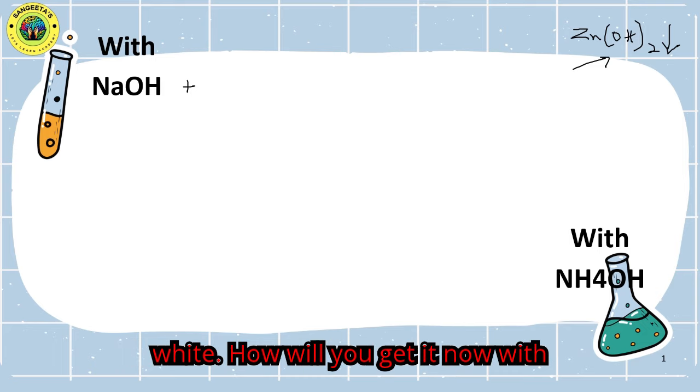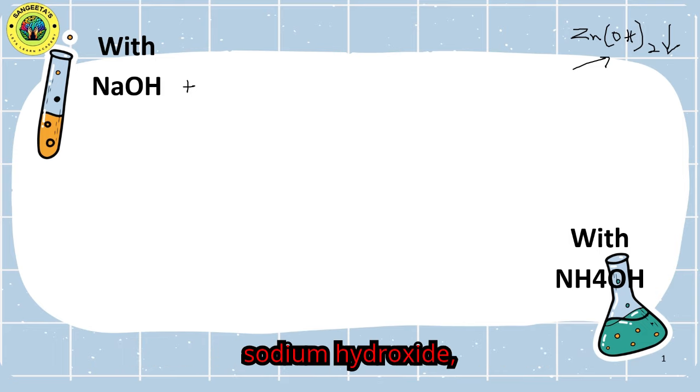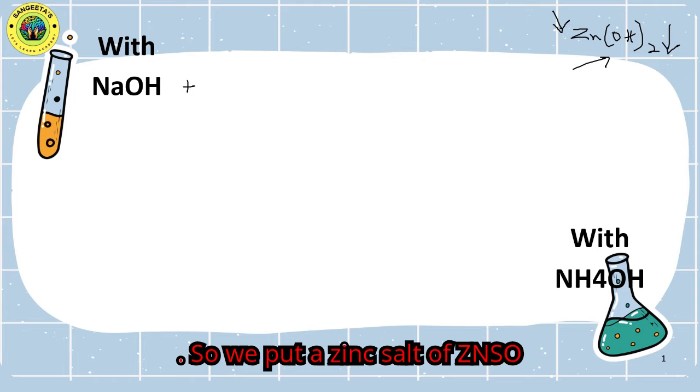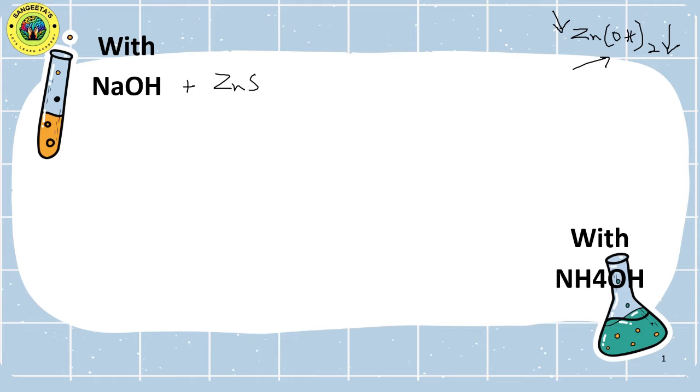How will you get it? With sodium hydroxide, to get the zinc you have to put a zinc salt. So we put a zinc salt, ZnSO4. This is plus, and this is minus, which will lead us to this.